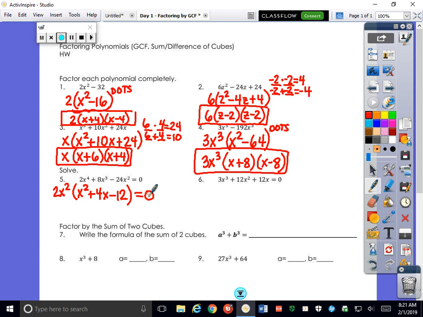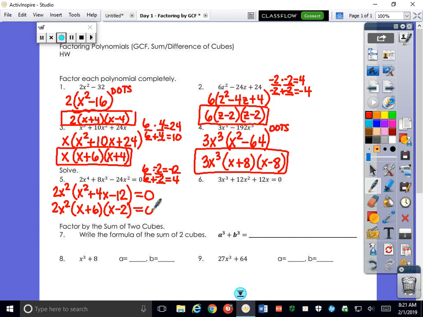Now, at this point, the x squared plus 4x minus 12 can still be factored. You're looking for two factors of negative 12 that add up to 4, and that would be 6 and negative 2. So this is going to be x plus 6 times x minus 2.